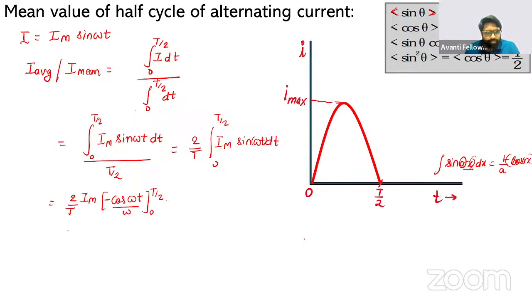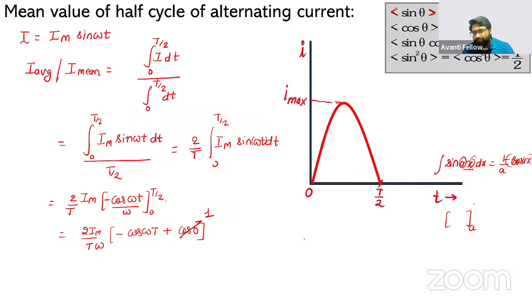Now put the value here: 2 Im upon capital T into omega, and omega capital T, put the value, minus cos omega capital T plus cos 0. Cos 0 is nothing but 1.